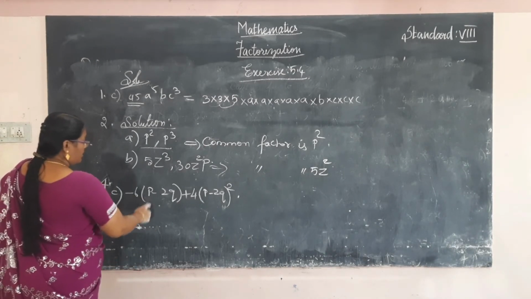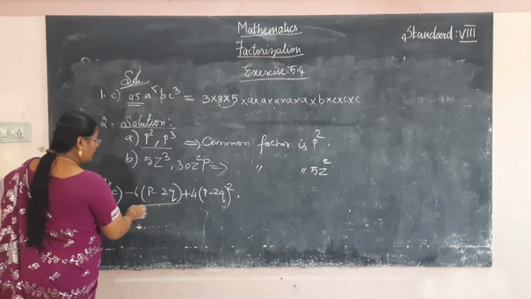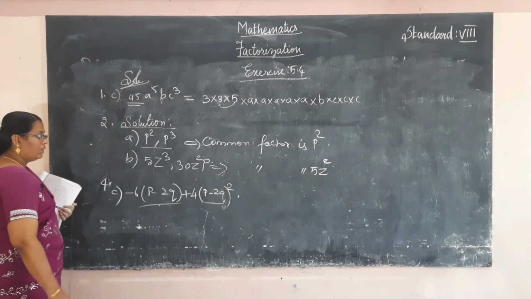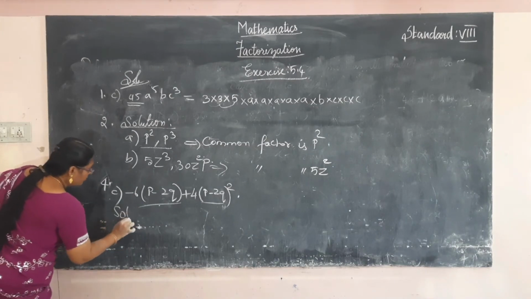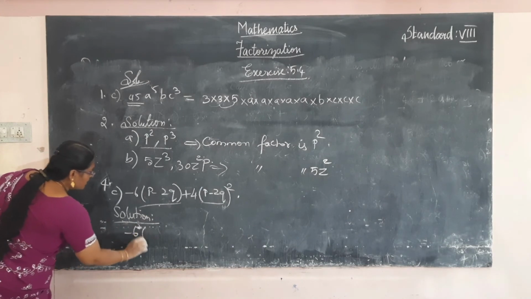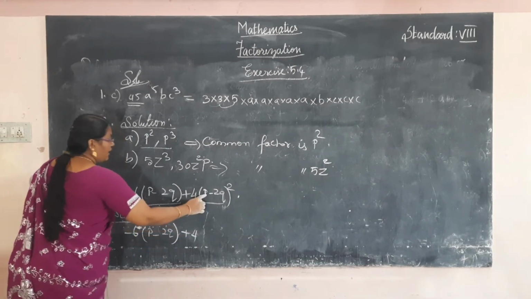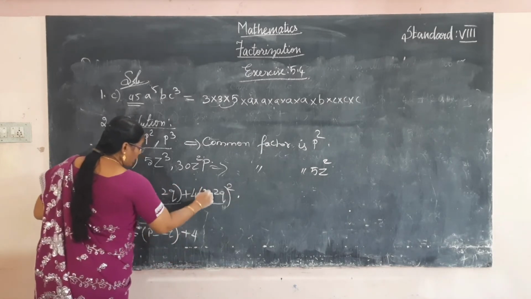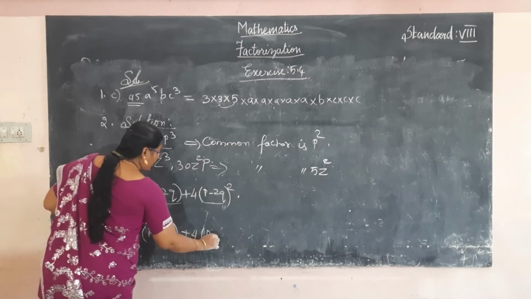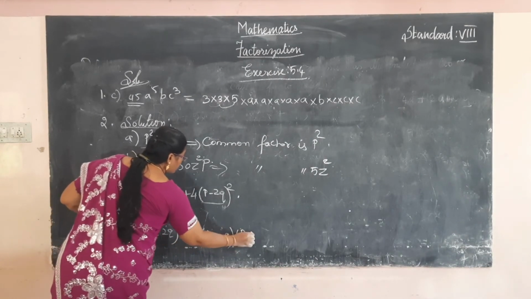So minus 6 into P minus 2Q. So here these two terms are common. Okay, so solution: minus 6 into P minus 2Q plus 4, it has the power value 2. So it is written as P minus 2Q into P minus 2Q.